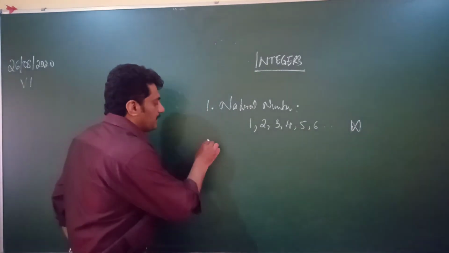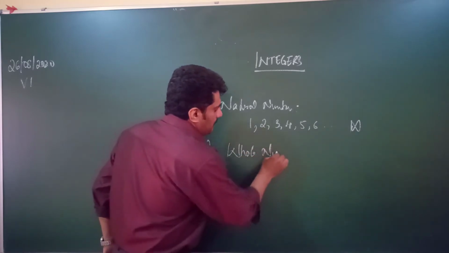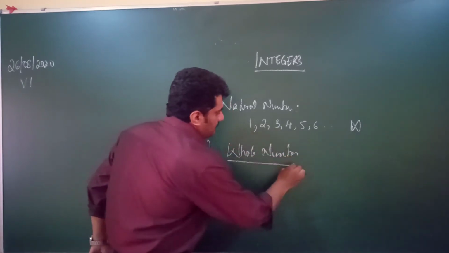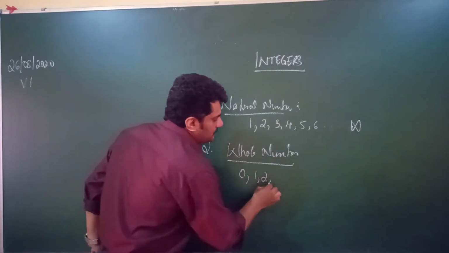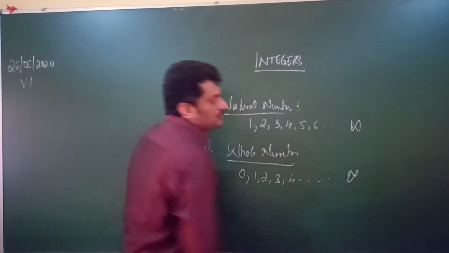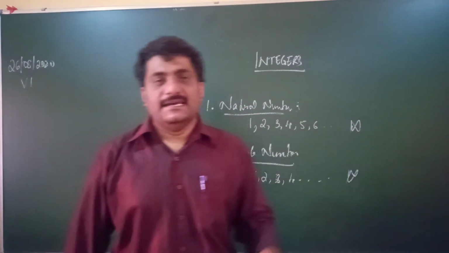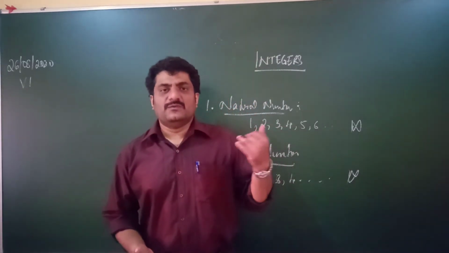Numbers start with zero, 1, 2, 3, 4, 5 and up to infinity. Naturally, when we start counting, we always count with 1, 2, 3, 4, 5.